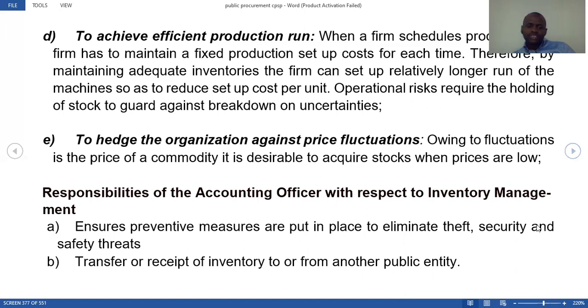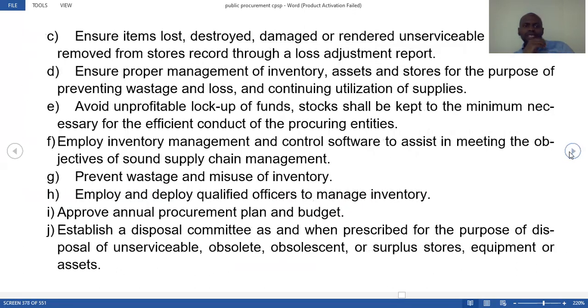Then the other thing is to transfer receipts of inventory to or from another public entity. So you can easily transfer products from one entity to another entity. Then ensure items are not lost or destroyed or damaged within the organization. They also ensure proper management of inventory, which is obvious, and avoid cases of wastages in the organization.